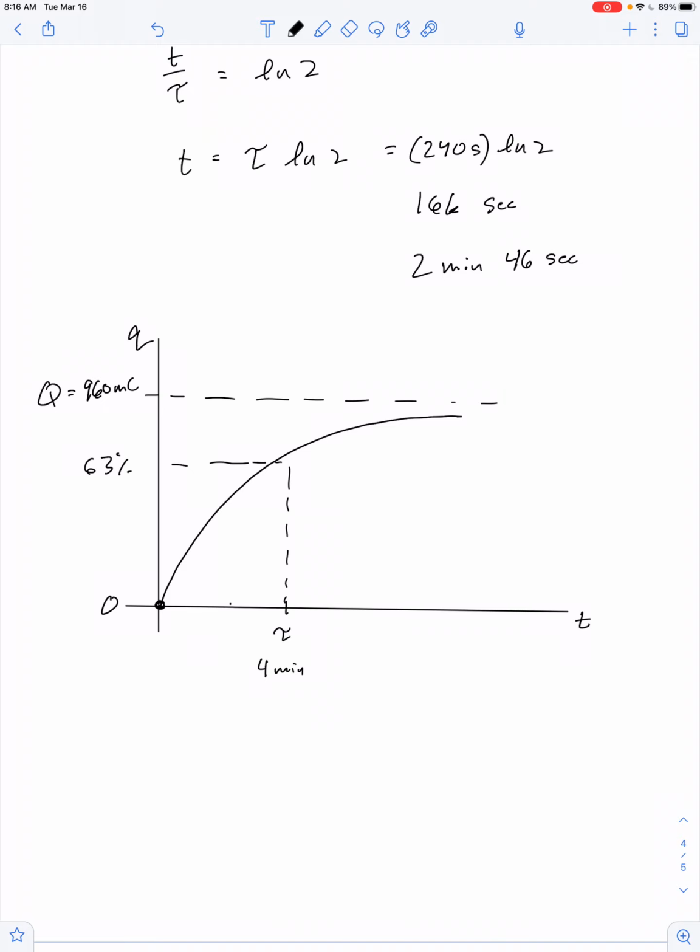So where does 2 minutes and 46 seconds plot out? Right here at exactly 50% of the maximum charge.